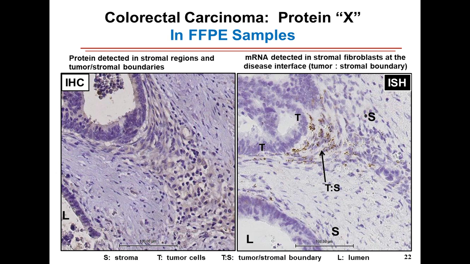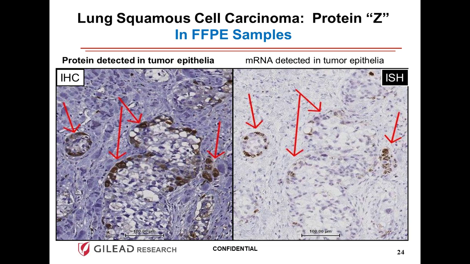If you look at an FFPE image on the left with IHC, it again looks like a very sticky, blushy stain. But when we did in situ hybridization, we were able to confirm that that is true expression of protein X at that tumor stromal boundary.